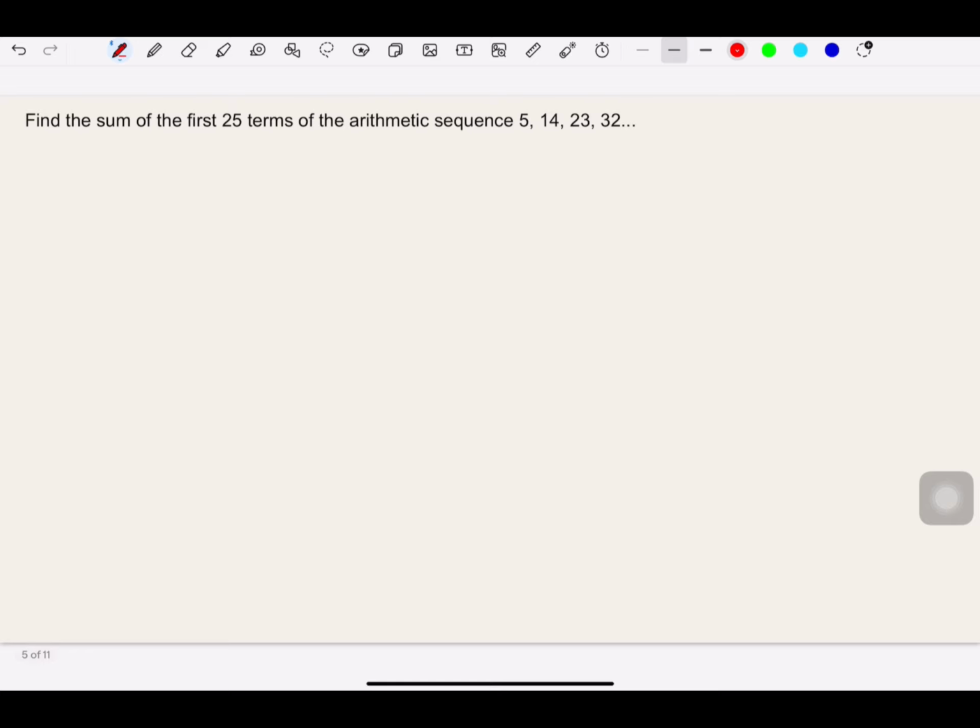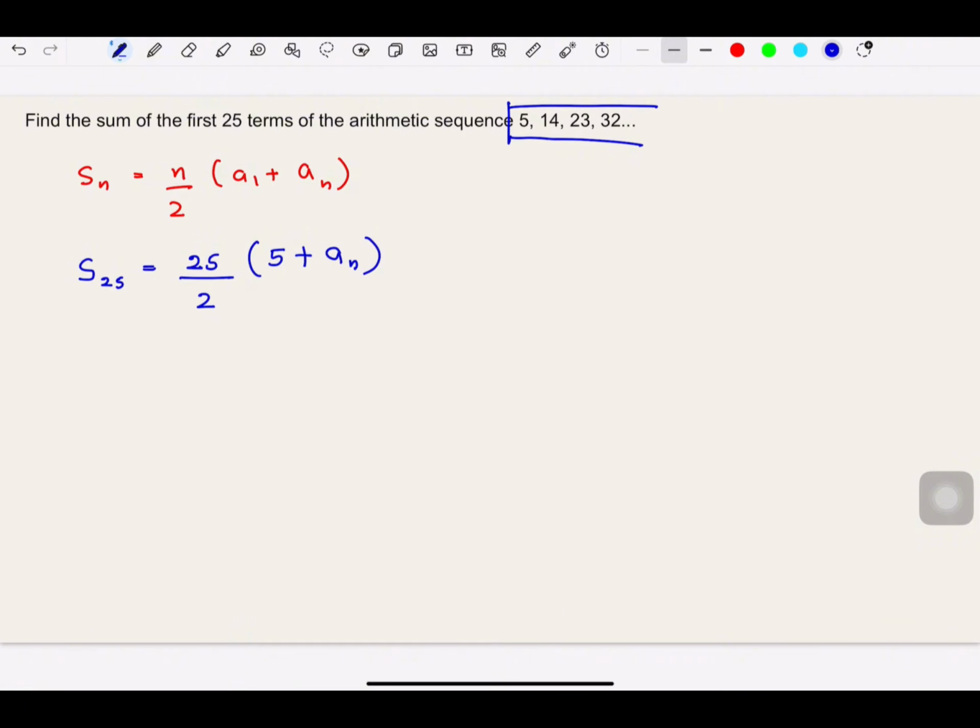The sum of n terms is given by n over 2 times a1 plus, sorry, not a2, an. Since we are looking at 25 terms, I'm going to rewrite this with n equals 25: 25 over 2, and a1 is the first term. In this sequence, the first term is 5, and we need to get the 25th term.